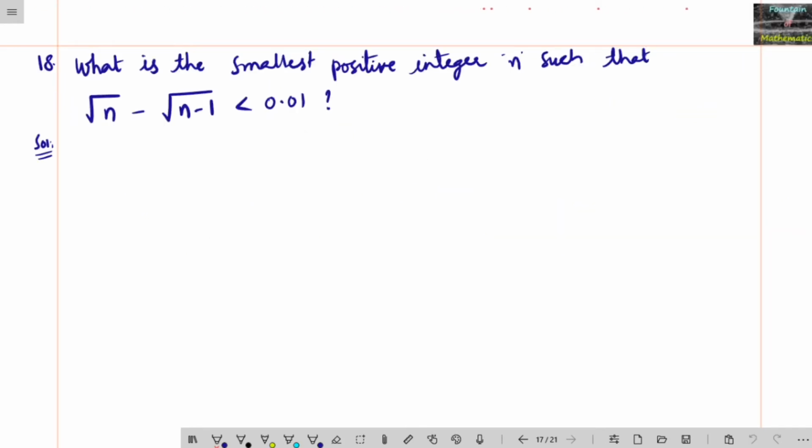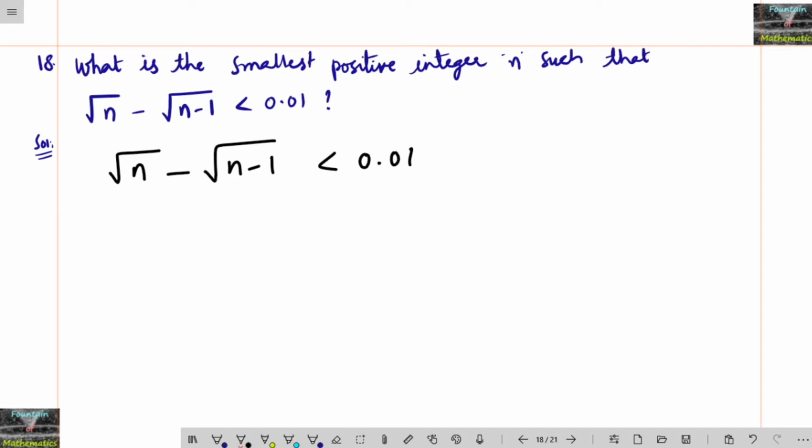Next, what is the smallest positive integer n such that root n minus root of n minus 1 is less than 0.01? So let's do some rationalization because there are two consecutive numbers.